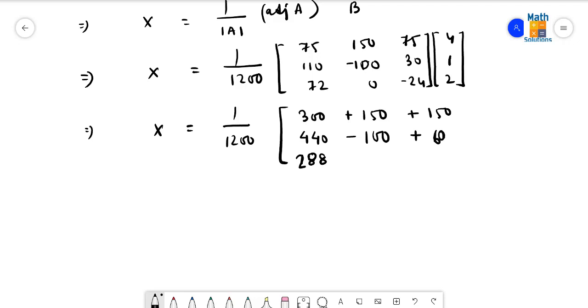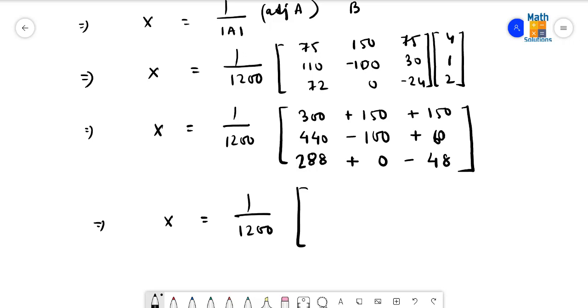It is 288 plus 0 minus 48. So I shall get here X equals 1 by 1200. Here it is. The result comes as 600. Then after, here it is 400, and on this part I am getting 240.